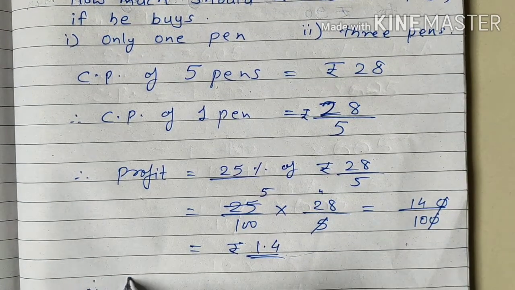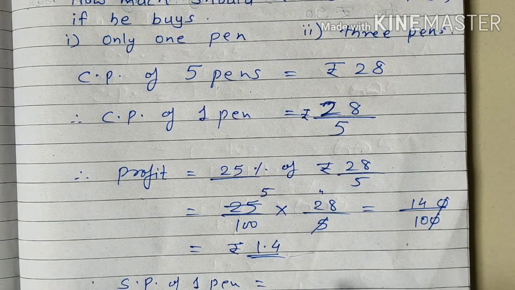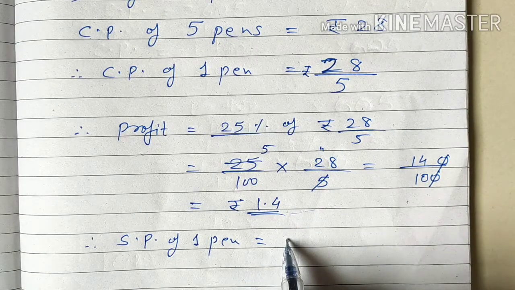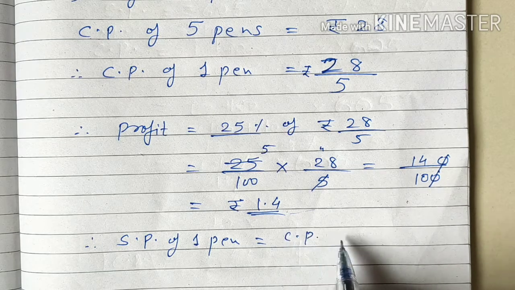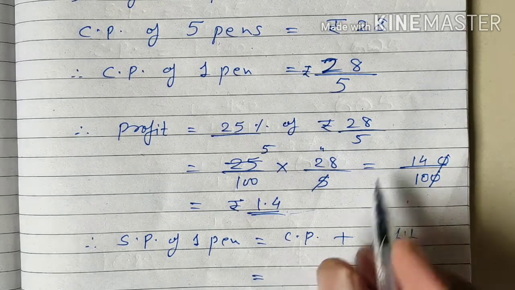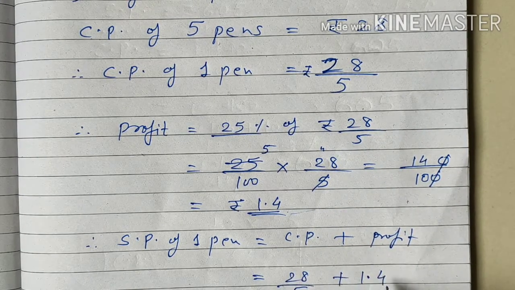So let us find out the selling price of 1 pen. To find out the selling price of 1 pen, what can we do here? Cost price plus profit. Cost price is how much? 28 upon 5 plus 1.4.